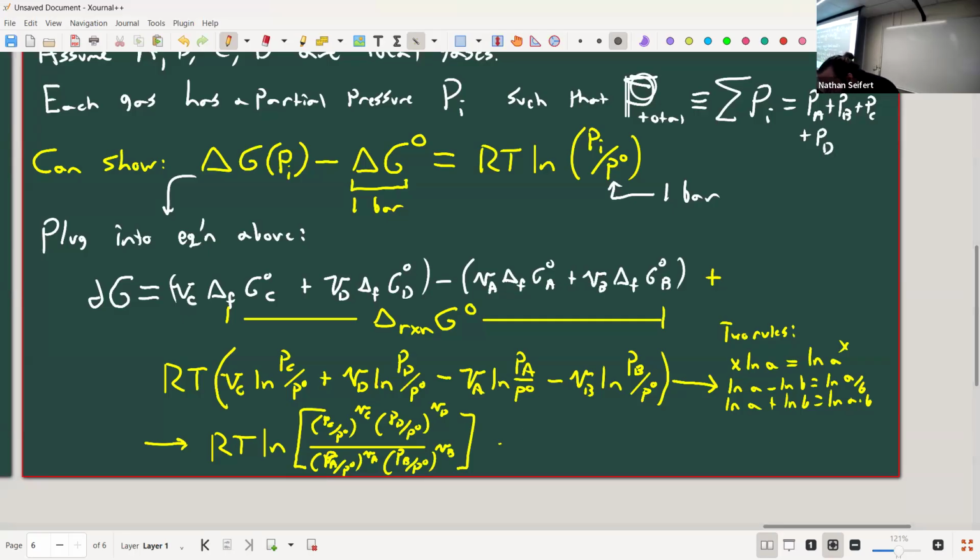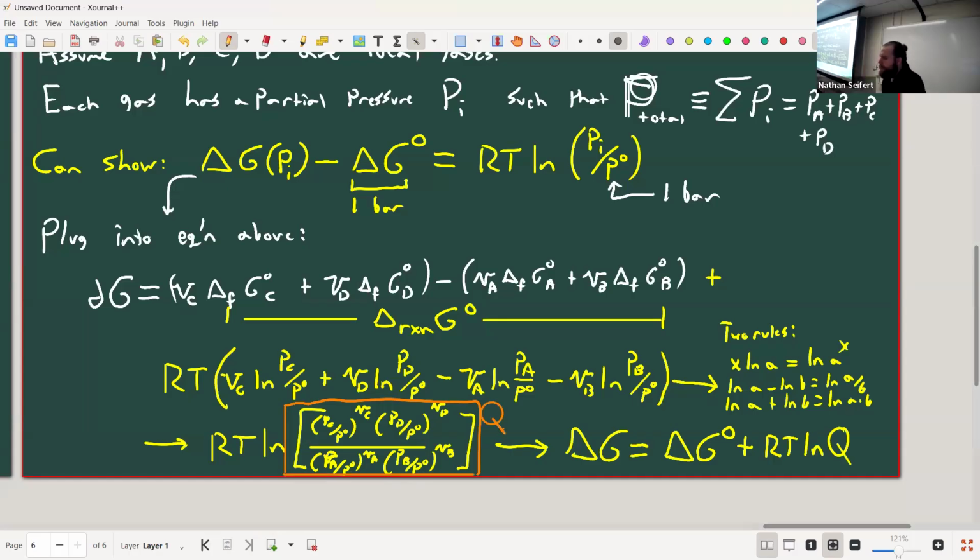So what we can now have is that the change in Gibbs energy of a system at equilibrium, under some conditions, is equal to the standard Gibbs energy change plus what we call RT ln Q, where Q is the reaction coefficient. Right? This is what we call Q right here. It's just the equilibrium coefficient.